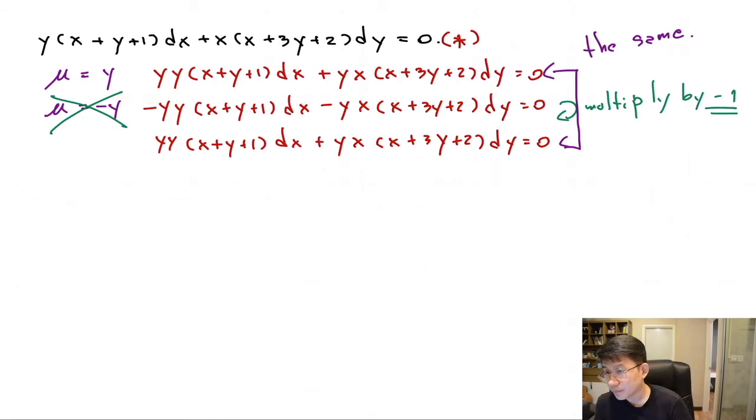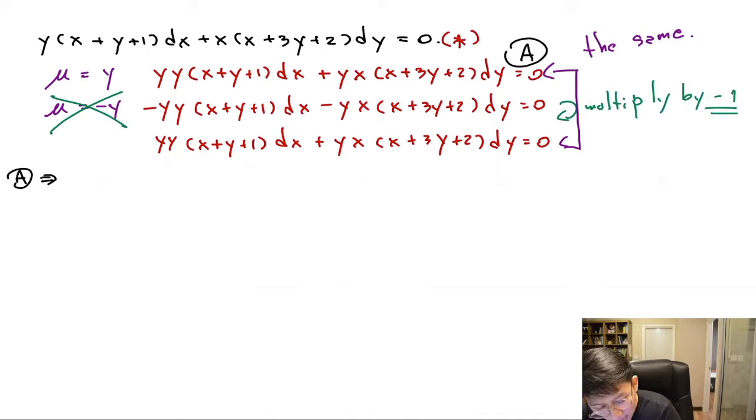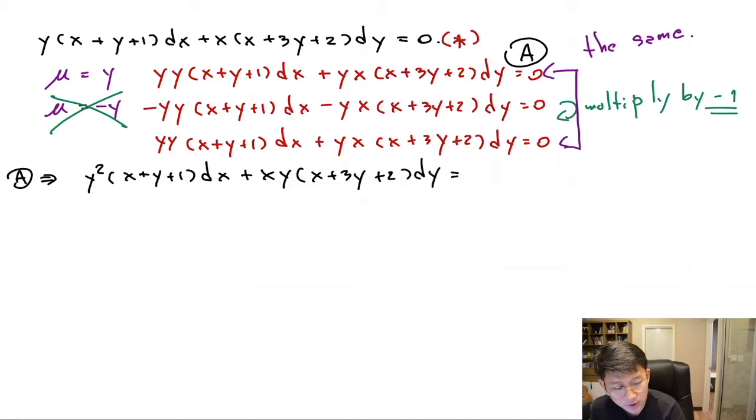So this equation A turns out to be y squared(x + y + 1) dx + xy(x + 3y + 2) dy equals 0. I call this double star.